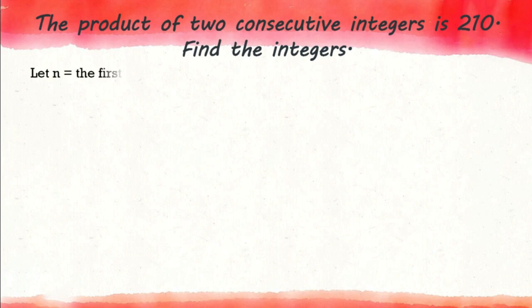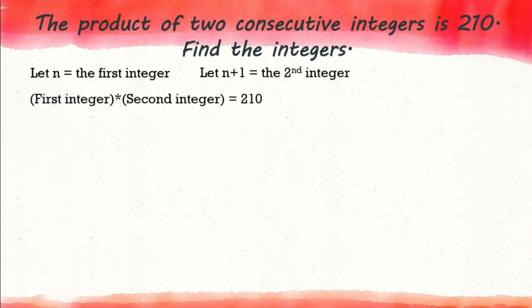So we will have n as the first integer, then add 1 unit to the first integer to get the second integer, and that is n plus 1. The operation of the integers is product. So we will multiply the two integers and their product is 210.